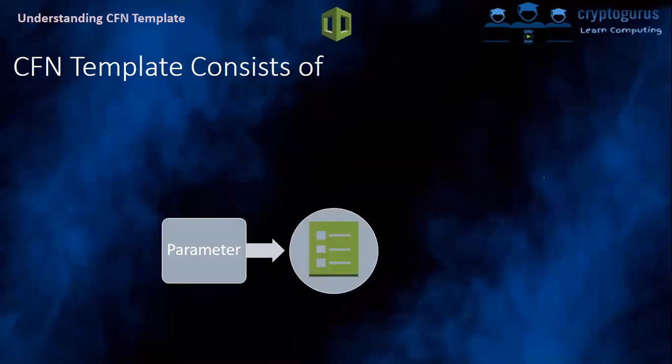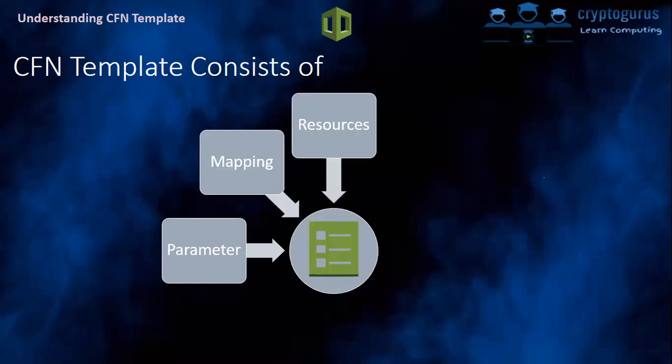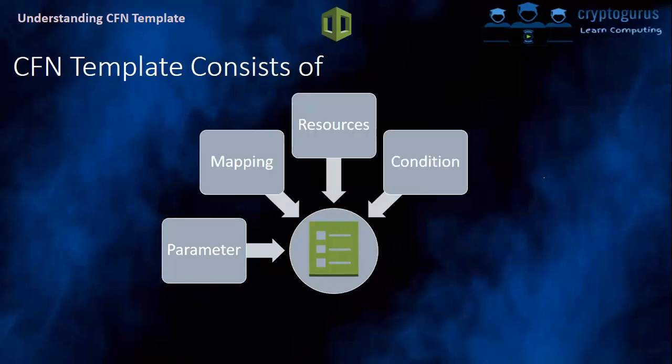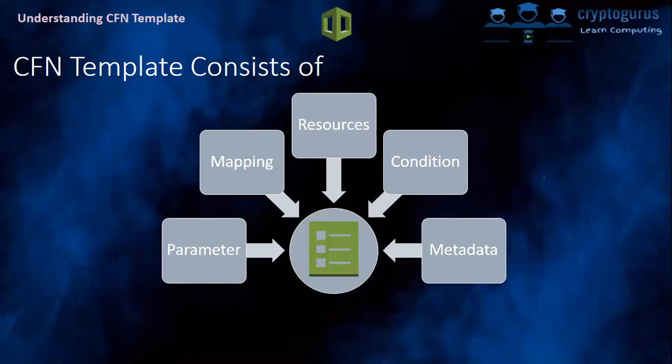In a CloudFormation template we can have parameters, mappings, resources, conditions, and metadata. Also, whatever output is generated by the template can be placed in a section known as the Outputs section. All these things are part of the CloudFormation template.